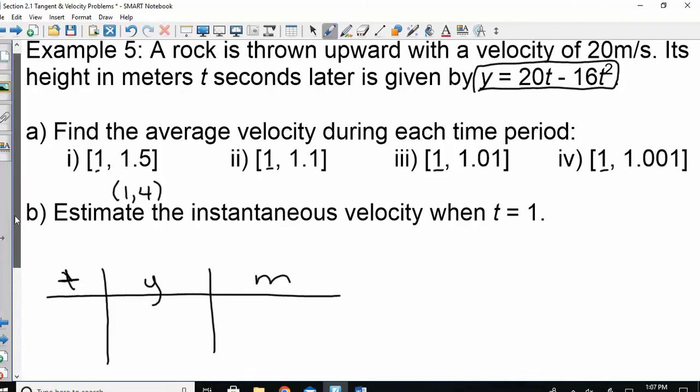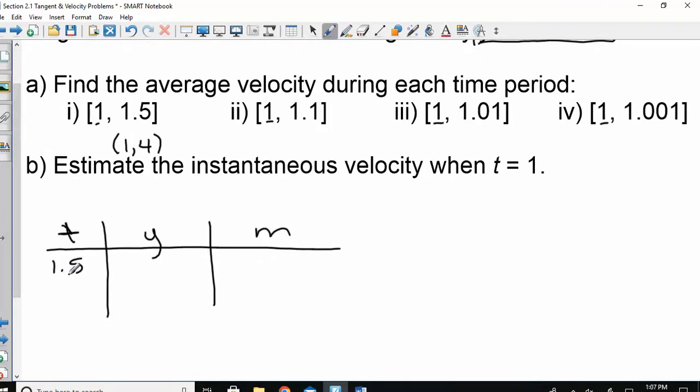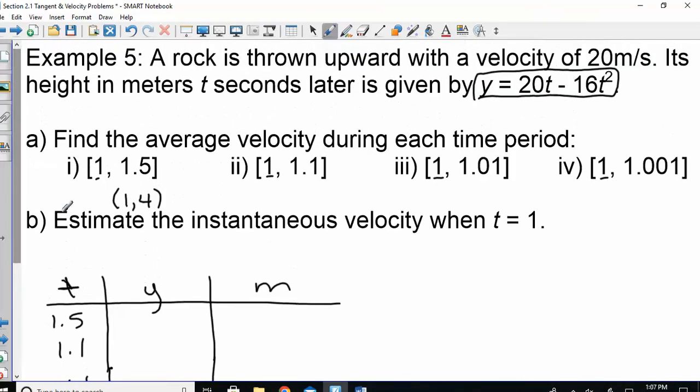for each of these. So I'm doing it at 1.5, 1.1, 1.01, 1.001. To get the y, we plug that into our equation. So 20 times 1.5 minus 16 times 1.5 squared.